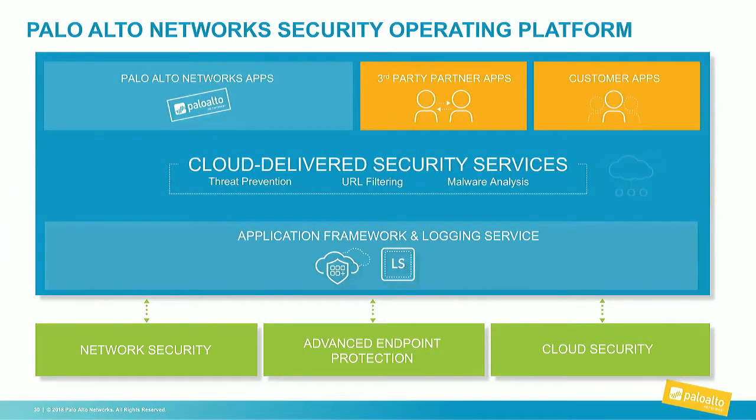All right, so we've talked a lot about different elements of the Palo Alto Networks security operating platform. So here's just a representation of that entire platform, if you will. And ultimately, the idea here is that in order to achieve prevention outcomes, we knew that the platform had to be in all the places that your users, your devices, and your applications are in order to achieve the level of visibility and coordinated enforcement that you need.